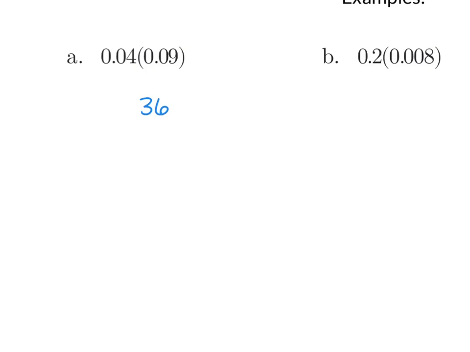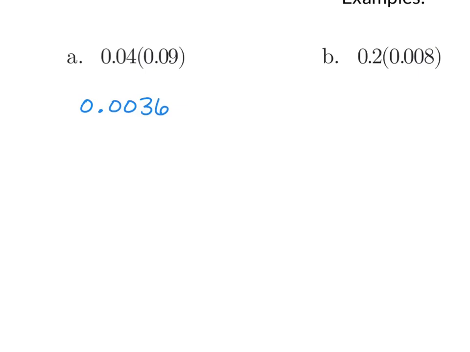Right now, 36 is only a 2-digit number, and so I need to enter in zeros between my decimal point and my number. We need a total of 2 zeros in between our decimal point and our number. So our final answer is going to be 0.0036. And we're done.